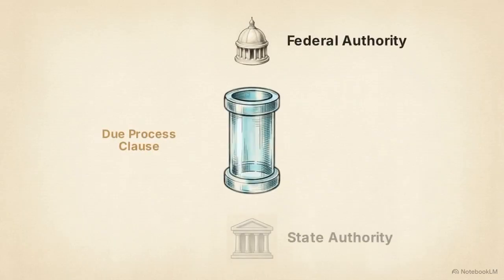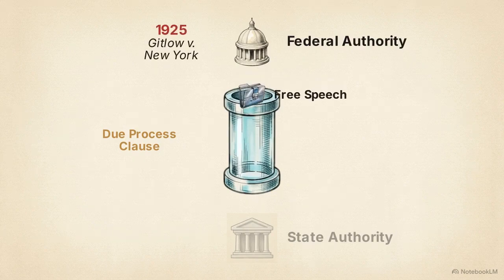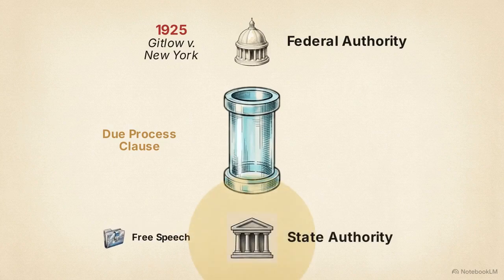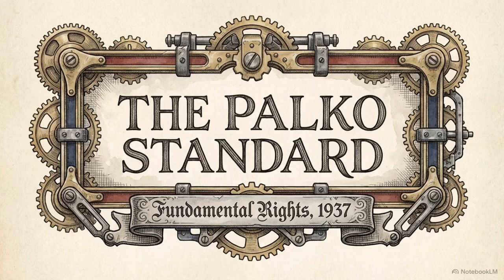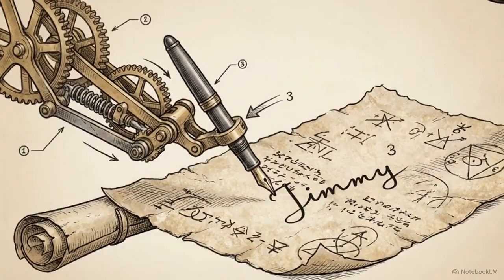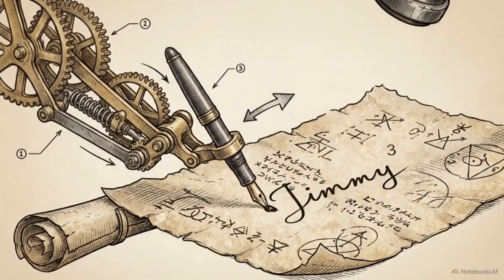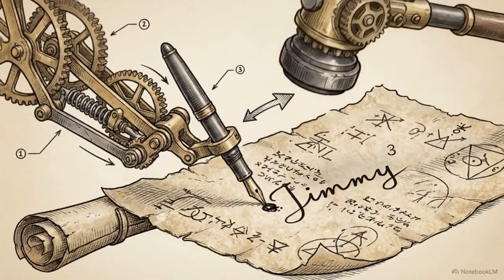The judicial shift began in 1925 with Gitlow v. New York. The court ruled that free speech was a liberty that states could not deny without due process. In 1937, the Palko standard established that federal rights would only be incorporated if they were essential to order, liberty, and justice. This standard meant the Bill of Rights would be ported over on a case-by-case basis, rather than all at once.